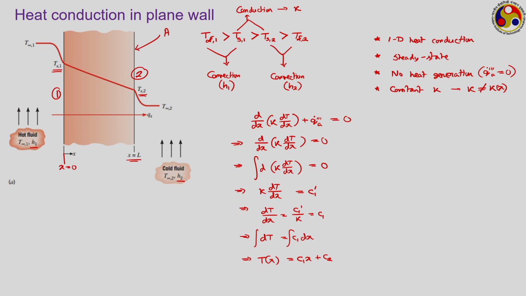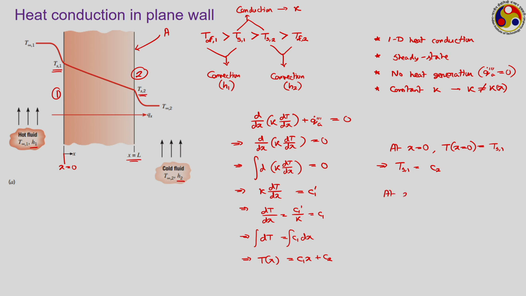So, to identify these two constants of integration C1 and C2. Now, how to identify that? We are given the temperatures Ts1 and Ts2. So, let us make use of them. At x equal to 0, it is given that T is equal to Ts1. So, if I put this one, then Ts1 is equal to C2.